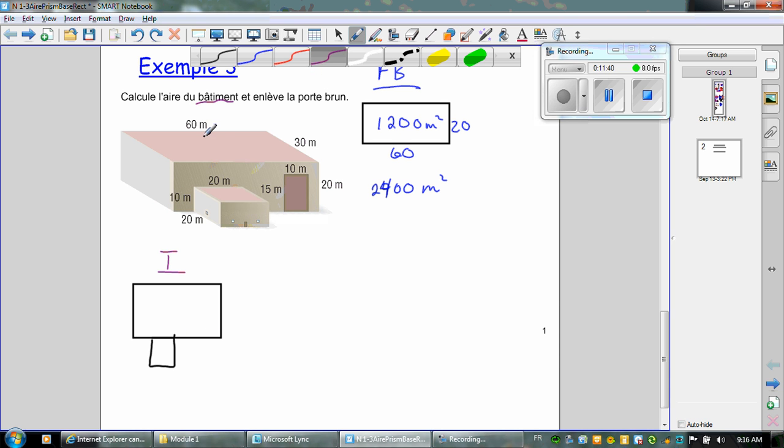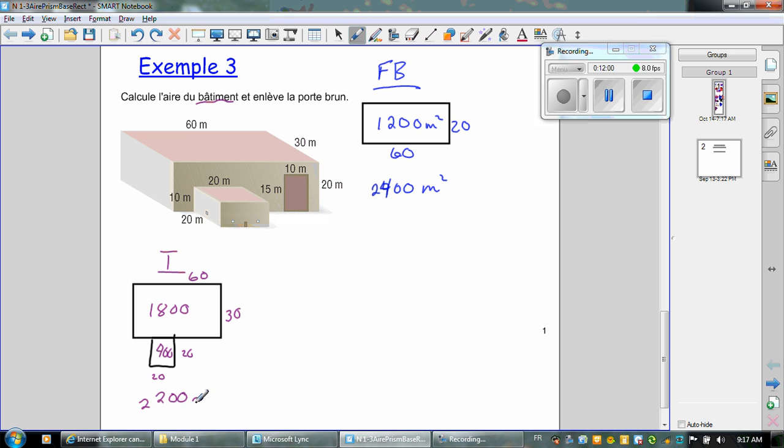So my top is going to be 60 by 30, which is 1800. And the other one is 20 by 20, which is 400. So my top, just my top, is 2200 meters squared. Again, I don't do the bottom because it's a building. If it's a building, I do not do the bottom.